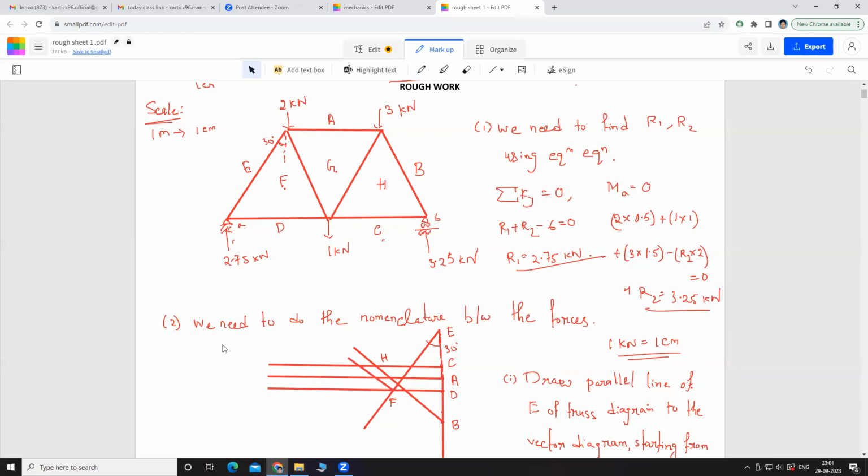Similarly, between G and H, we have this one, so we need to draw a parallel line of this one from H. If you draw that, from H it will be this one.